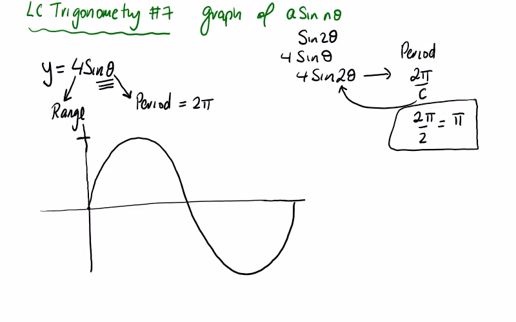So if you imagine when we had y is equal to sine theta, the range was -1 to 1. Now, multiply each of these numbers by 4. We're going to get our new range of -4 to 4. So this number is 4. This number down here, approximately here, is -4. So that's my range, and nothing else changes.